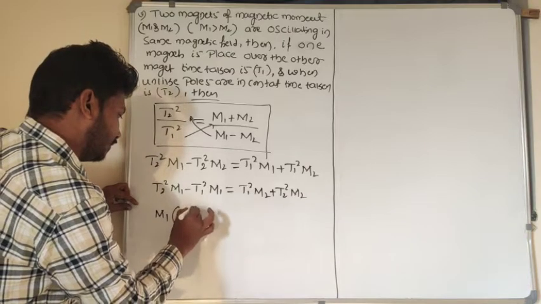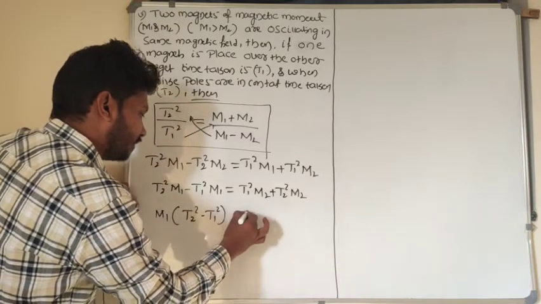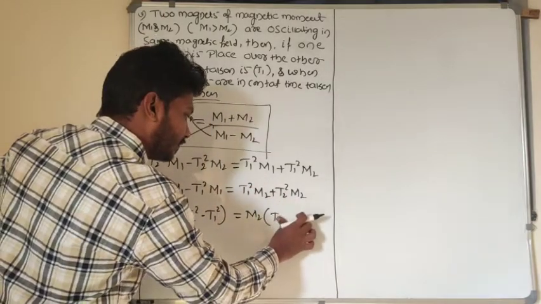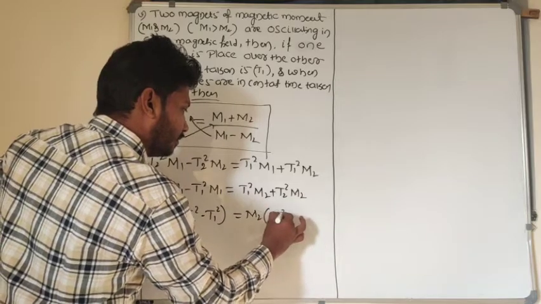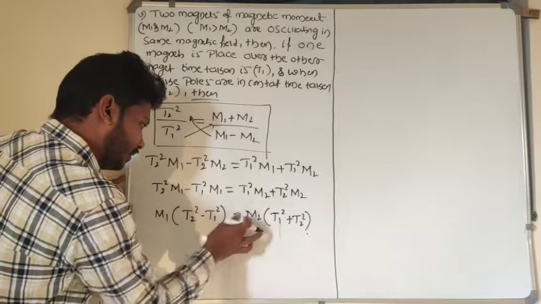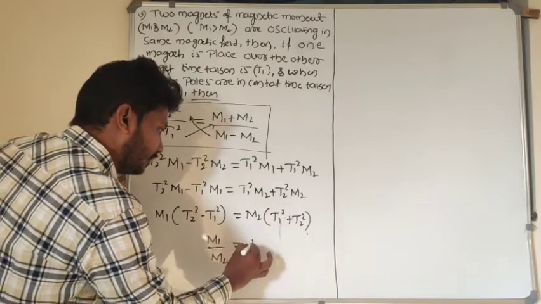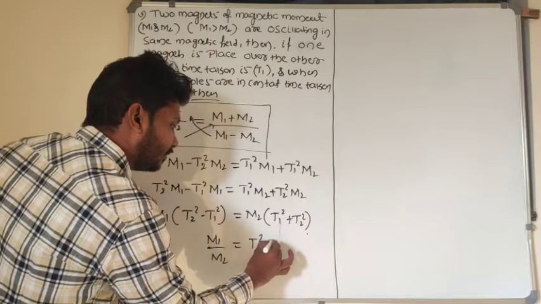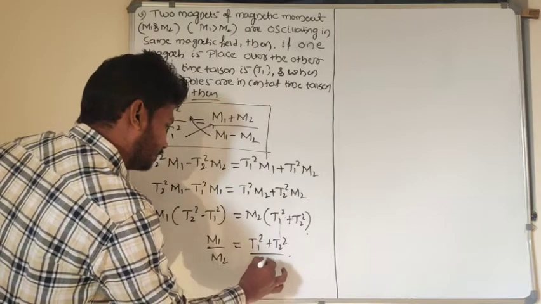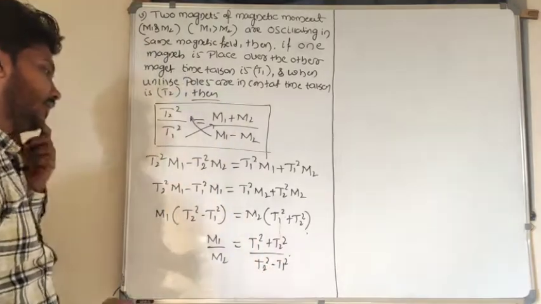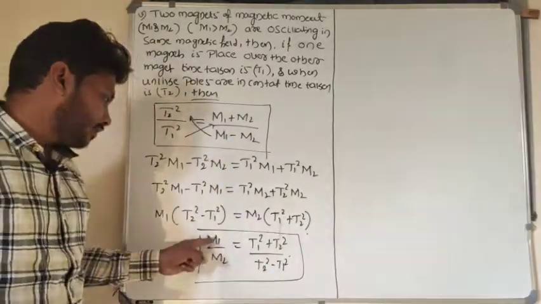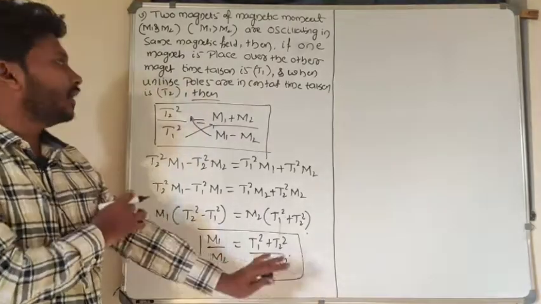So m1 into (t2 square minus t1 square) is equal to m2 into (t1 square plus t2 square). So m1 by m2 is equal to (t1 square plus t2 square) divided by (t2 square minus t1 square), right? Look at here, this is the required answer for the relation between magnetic moment and time taken.